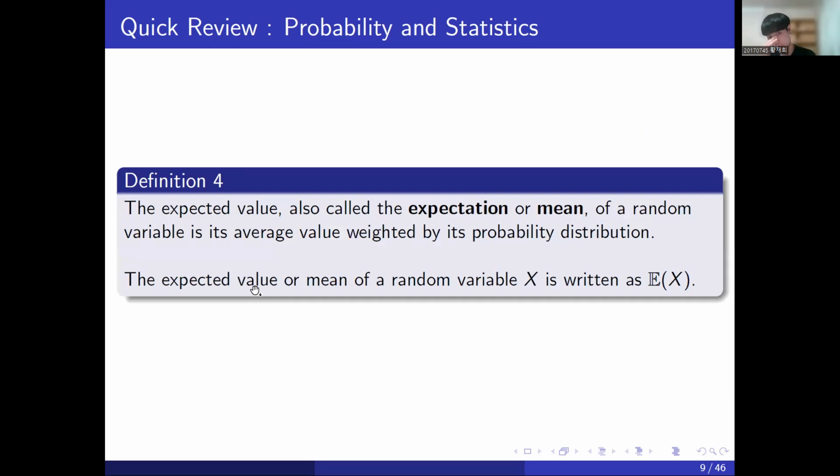Let's move on to the other definition, which is mean or expectation. The expected value, also called the expectation or mean of a random variable, is its average value weighted by its probability distribution. The expected value or mean of a random variable X is written as E[X]. We will use these definitions many times later.